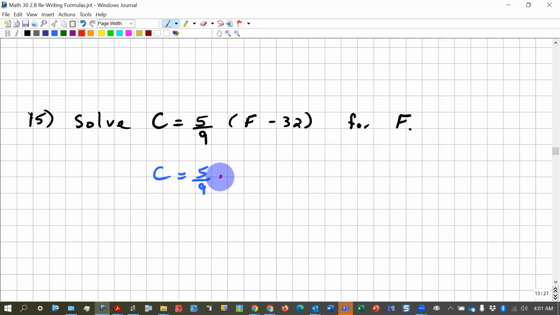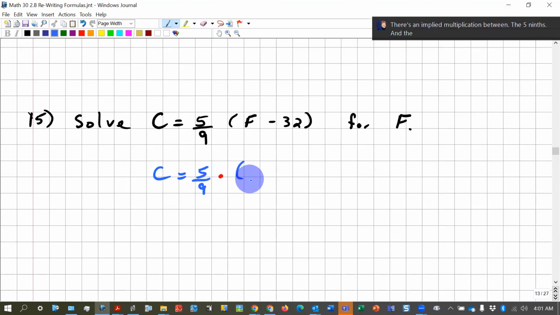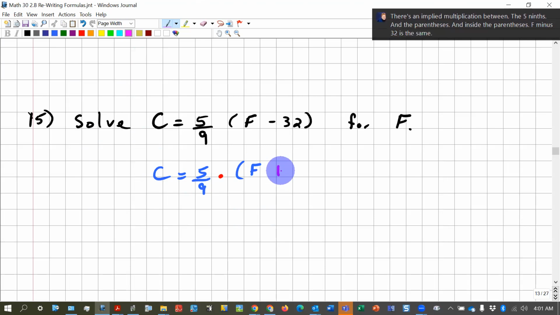There's an implied multiplication between the 5/9 and the parentheses. And inside the parentheses, F minus 32 is the same thing as F plus negative 32.